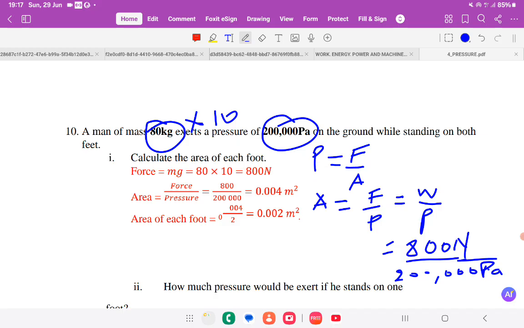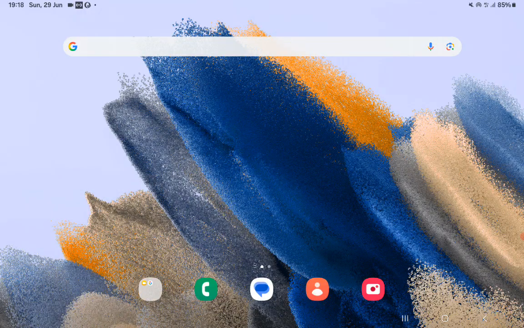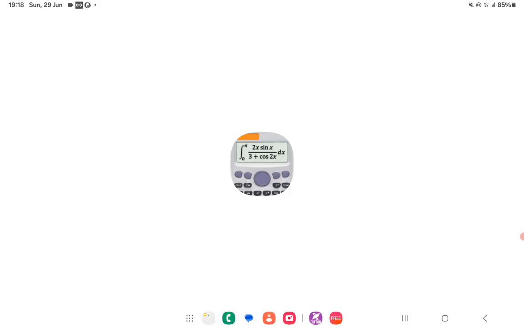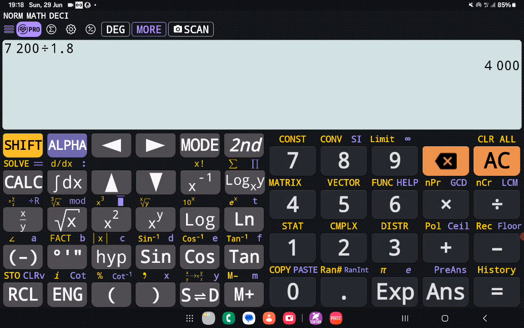So if you go ahead and calculate this, let's get our calculator. We have 800 divided by 200,000. You should be able to get 0.004.